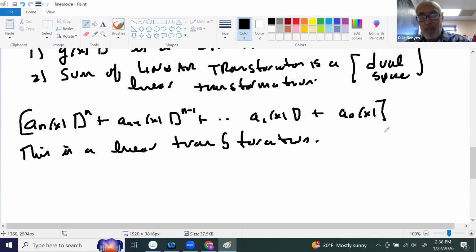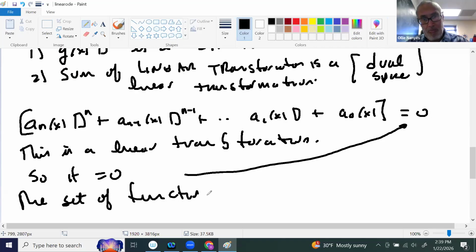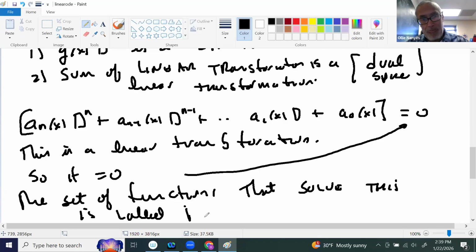And what that means, therefore, is if we set this equal to 0, like here, the set of functions that make this 0, or that solve this, is called the kernel of the linear transformation.